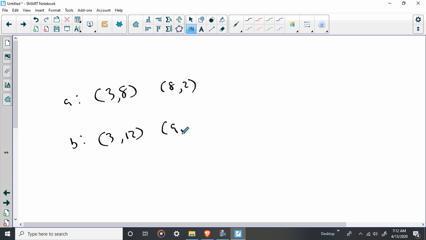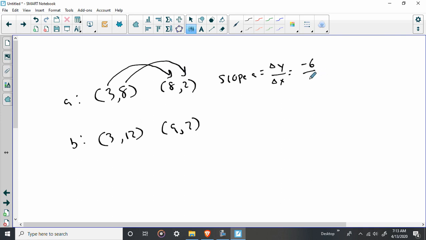And they'll ask, are these parallel, perpendicular, or neither? So what's the slope of A? Well, that's your change in y over your change in x. Your y's went from 8 to 2, so that's a change of -6. Your x's went from 3 to 8, that's a change of +5. They went up by 5.